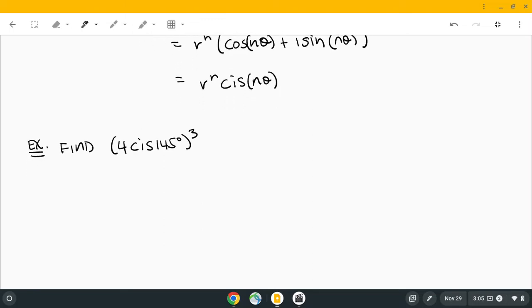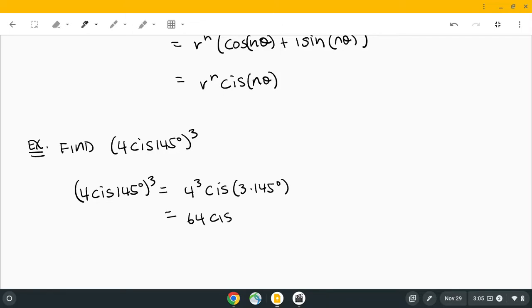According to de Moivre's theorem, it's going to be 4 to the third power cis 3 times 145 degrees. 4 to the third power is 64, and 3 times 145 turns out to be 435 degrees.